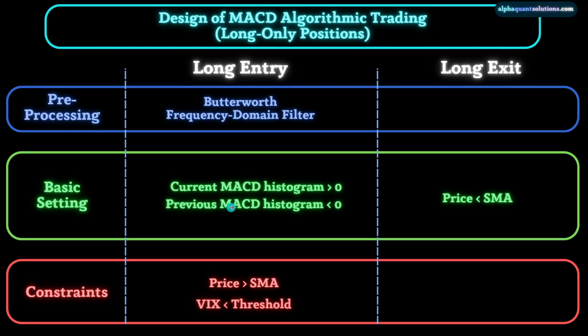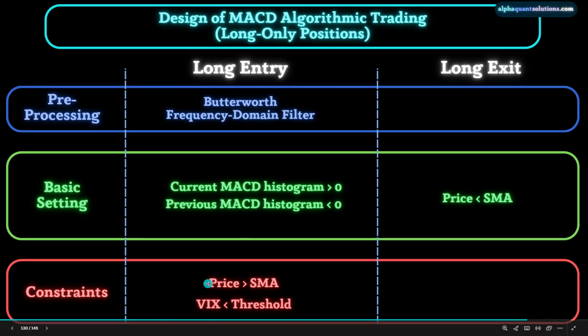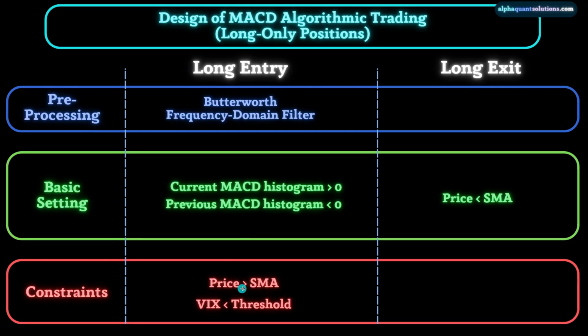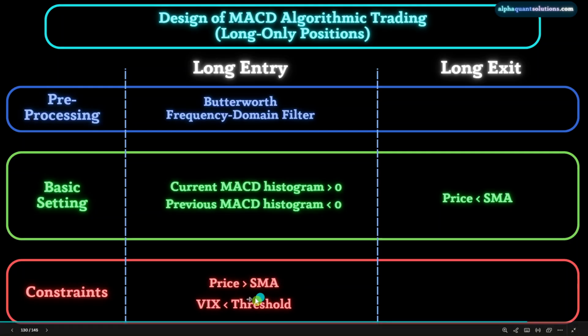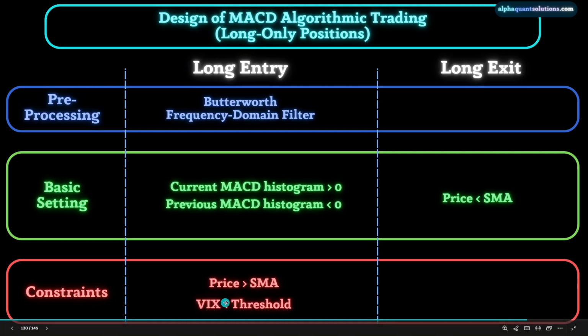And once we see the histograms crossing the zero line from below, so the previous data point has to be negative and the most current data point is positive, then we have a potential entry signal that will get validated only if these constraints are met. So the unfiltered price has to be above a specific SMA, and the VIX, the volatility index, has to be below a certain threshold.